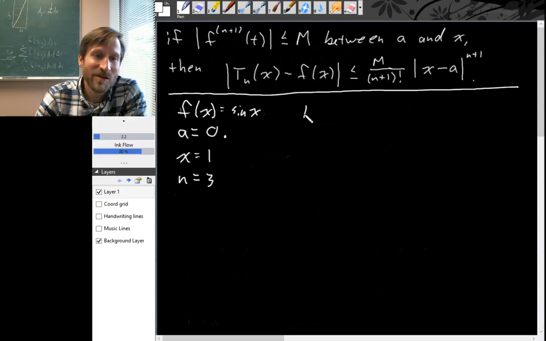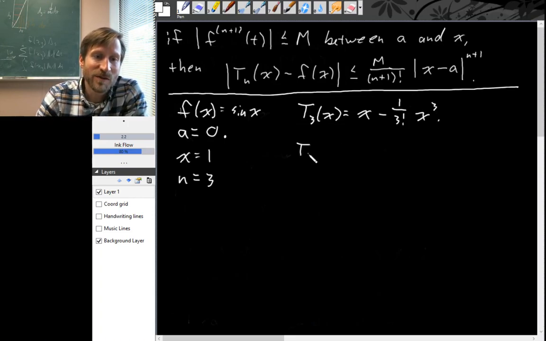Now, based at 0, we actually know the order 3 Taylor polynomial for sine. You can work this one out if you want. It's x minus 1 over 3 factorial times x cubed.